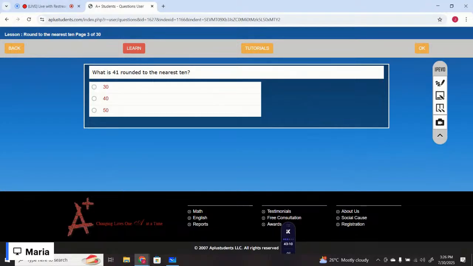What is 41 rounded to nearest 10? So 41 is rounded to 40.